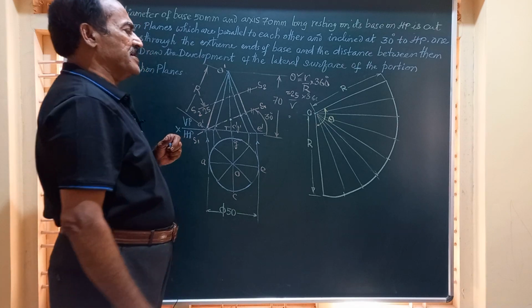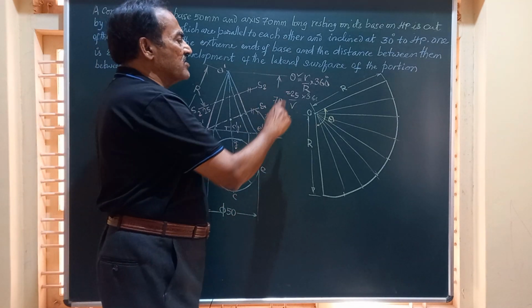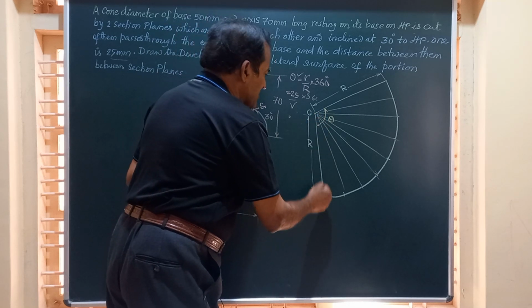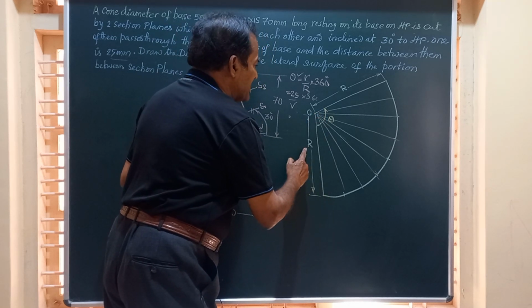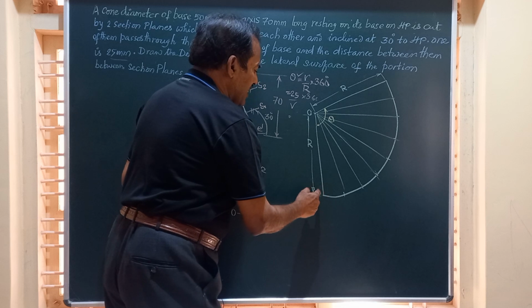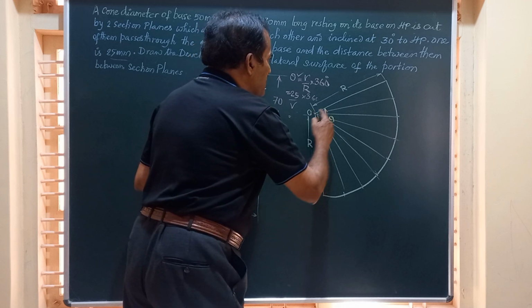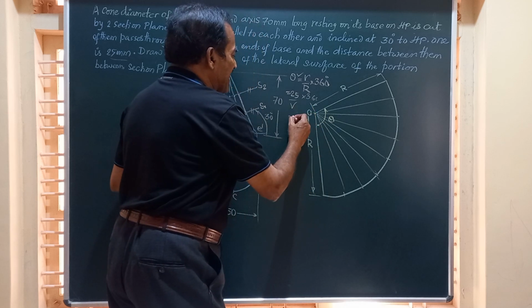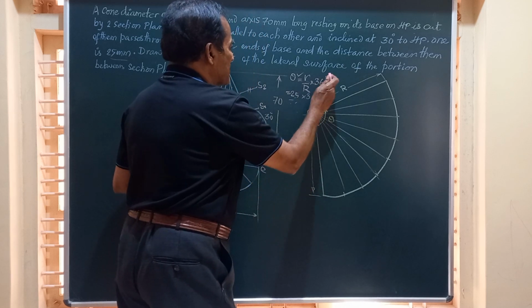Theta can be calculated. Now, after calculating this sector angle theta, I am going to draw a vertical line of length R. After this, I am going to draw another line at an angle of theta, whatever angle you get here, and mark it here.